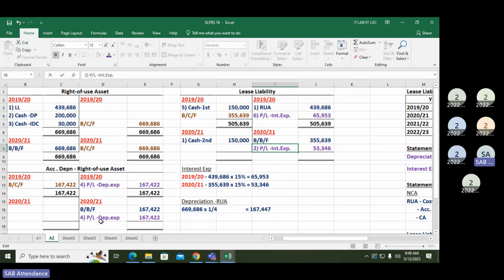The second entry. The third. Same depreciation, you can credit to accumulated depreciation.